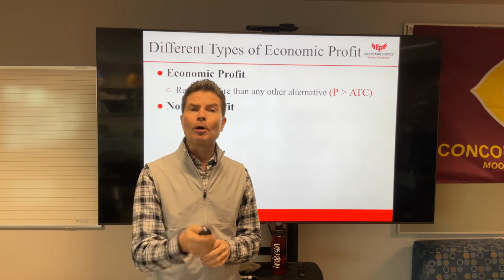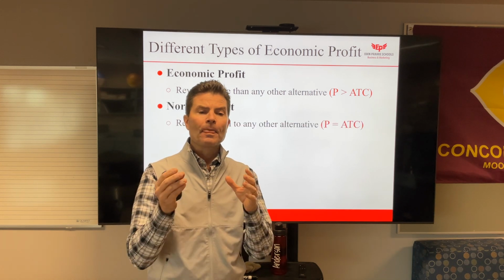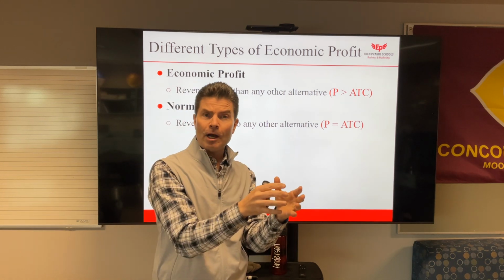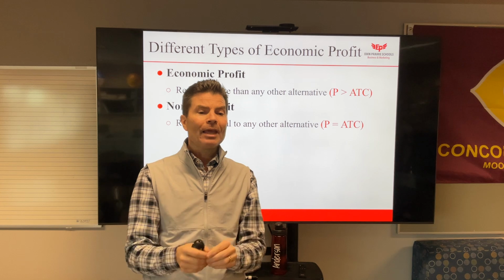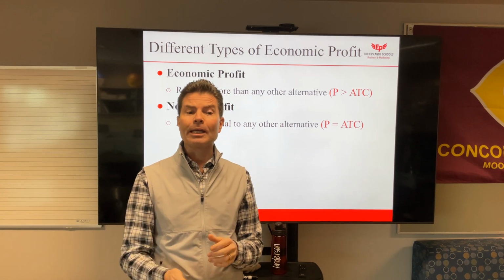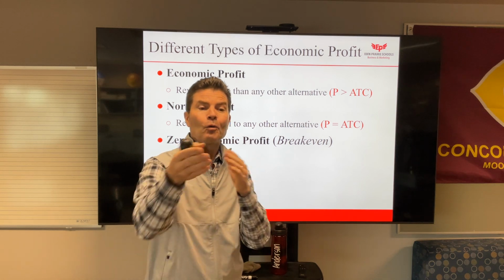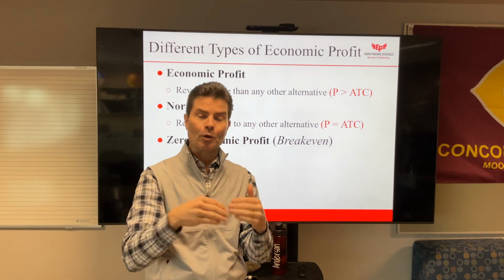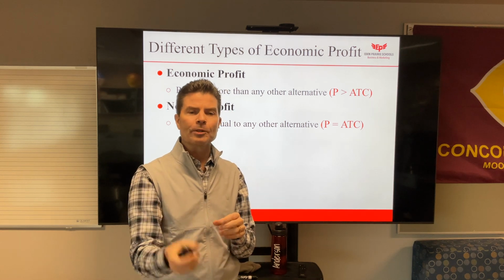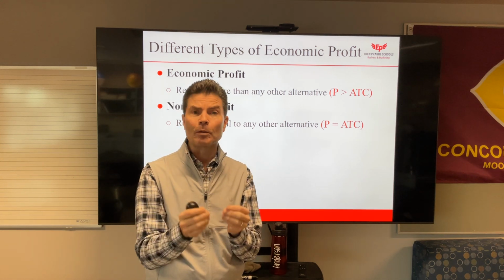A normal profit means you take your revenue and subtract your economic costs from that, and that amount ends up being equal to zero. That means you're earning a zero economic profit, so normal profit and zero economic profit are the same exact thing. So how do I know if I have a normal profit?